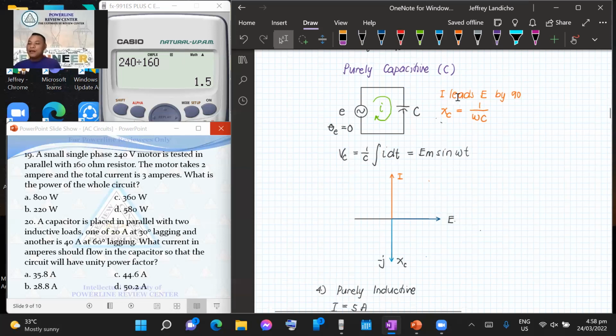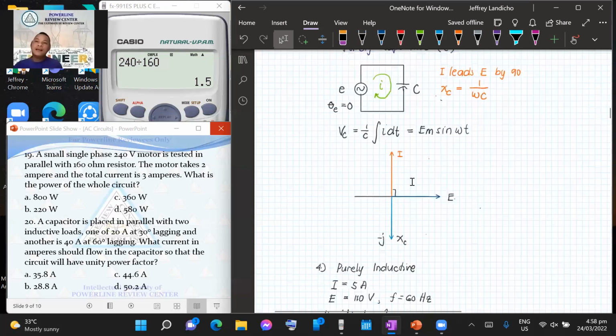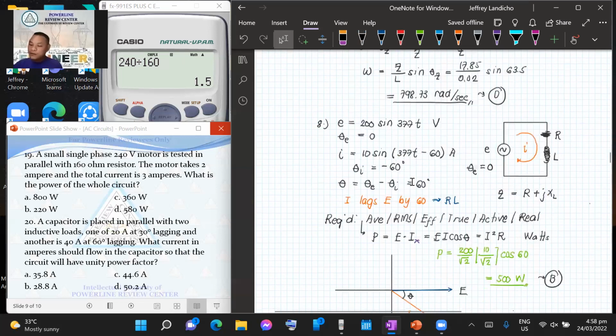Purely capacitive, I leads E by 90 degrees. So if the voltage is at 0, our current is at 90 degrees, and the angle here is 90.